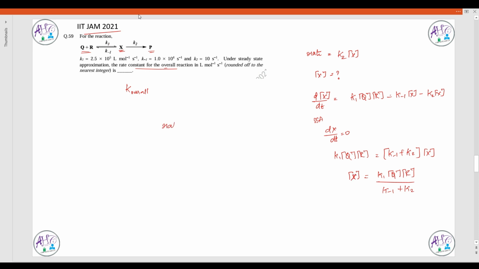So rate is going to be K2 concentration of X, where we substitute the values, K1 concentration of Q concentration of R by K minus 1 plus K2.